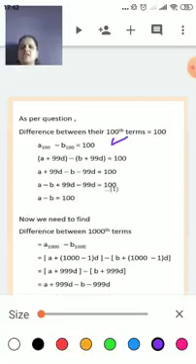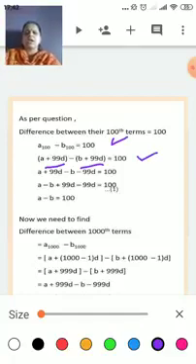But what did we get in step 1? a100 is a plus 99d and b100 is b plus 99d. Since there is a minus sign, put it in a bracket, so when you open the bracket the sign will change. So (a plus 99d) minus (b plus 99d) equals 100. Opening the bracket, a plus 99d minus b minus 99d equals 100.